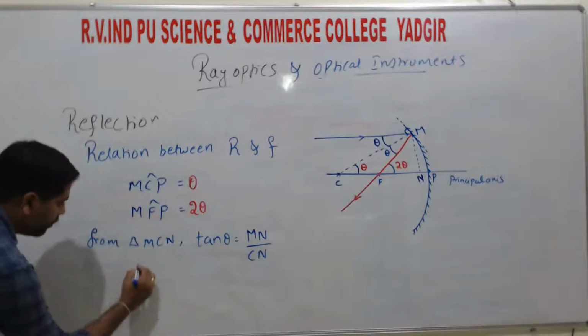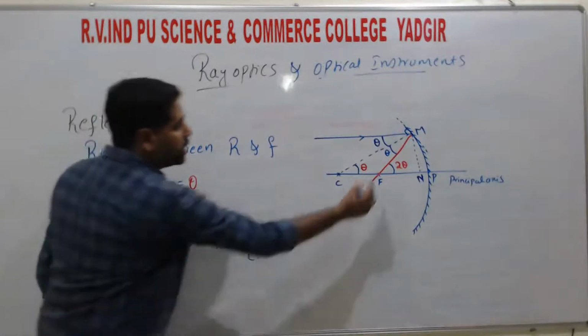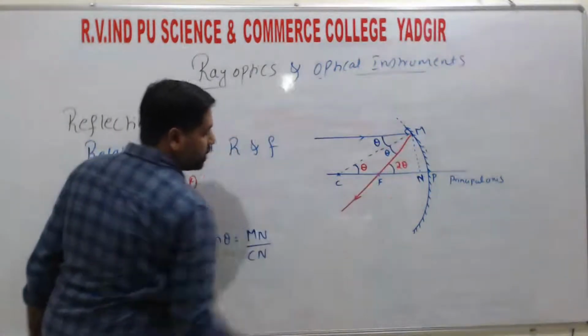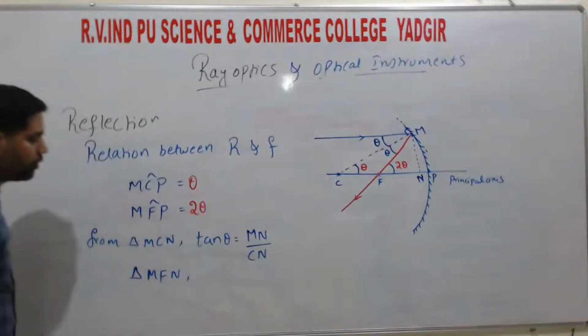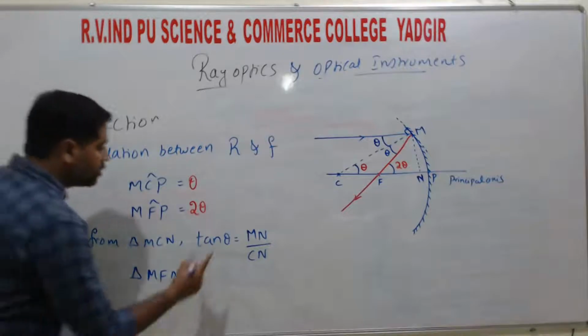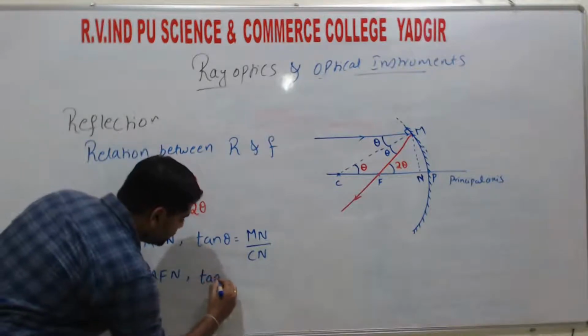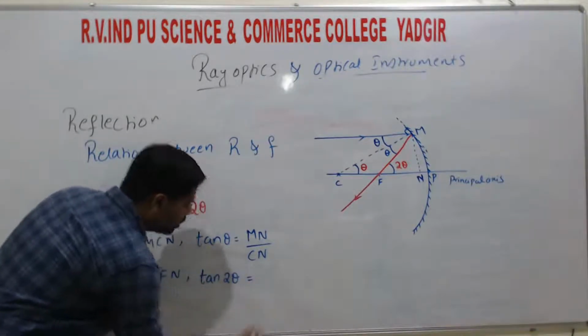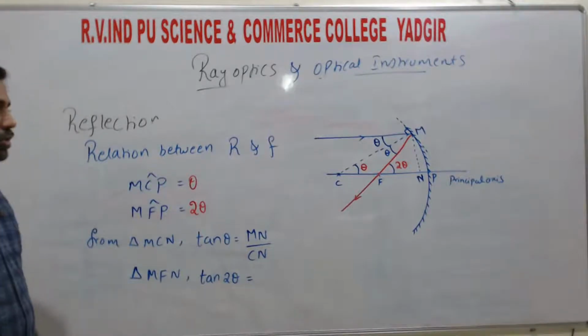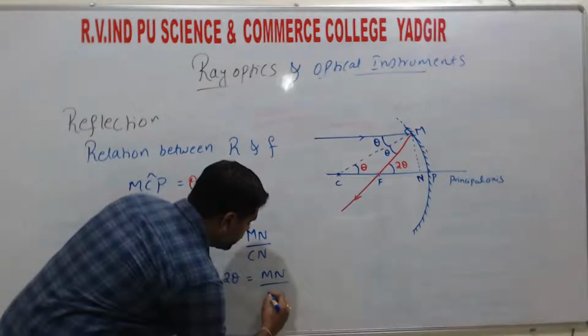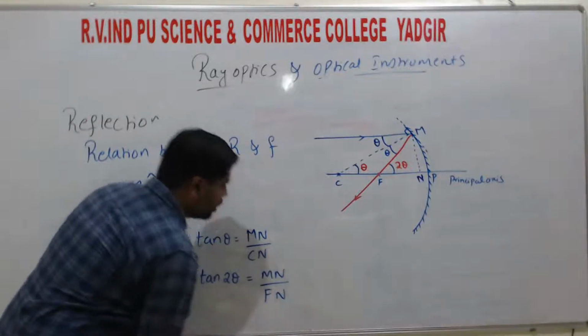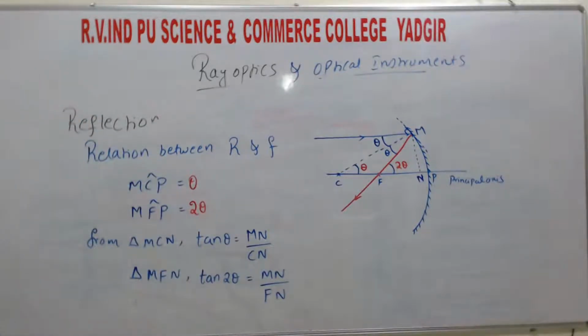Similarly, from one more triangle MFN, we can write, so the angle is how much? That is tan 2 theta, that is equal to the opposite side, MN, divided by FN, right?